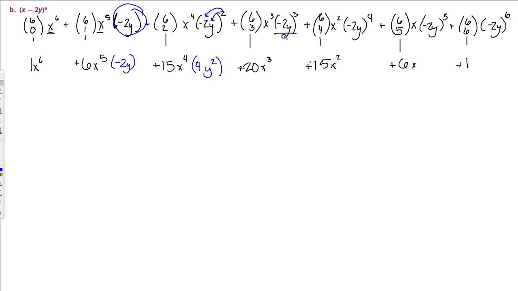What is negative 2y cubed? So we're going to have negative 2 cubed and y cubed. What's negative 2 cubed? Negative 2 times negative 2 times negative 2. Negative 8.